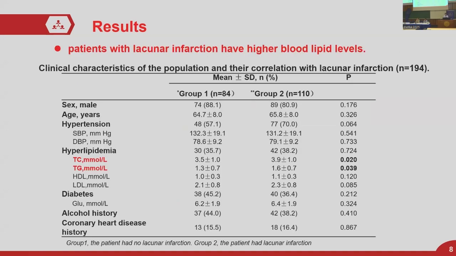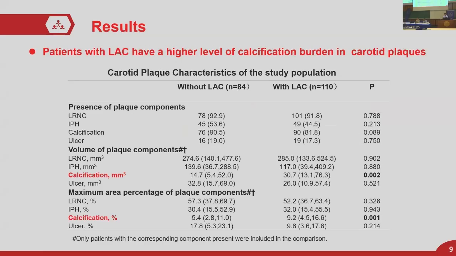Our research results show that the patients with lacunar infarction have higher blood lipid levels. It should be noted that in this study, there was no correlation between the morphological characteristics of the vessel walls and the lacunar infarction, so this part wasn't included in the research results.